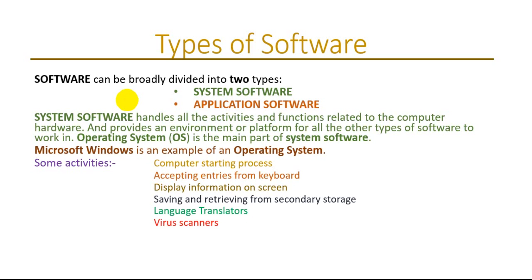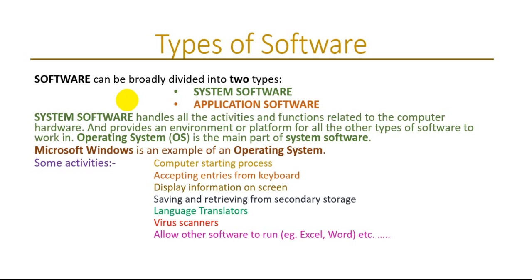Virus scanners are also part of the system software. And it also allows other software to run. Now, this I already explained to you, like Excel or Word or whatever. Once you start up your Windows computer, or for that matter, any operating system computer, you can run other programs. In this Windows environment, once a computer starts up, you will be able to run Excel or Word or PowerPoint or any other thing that is available on your computer.